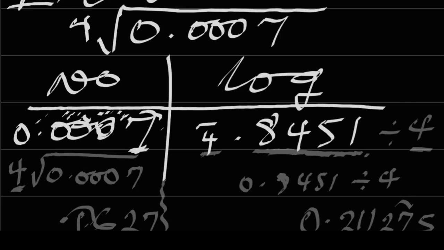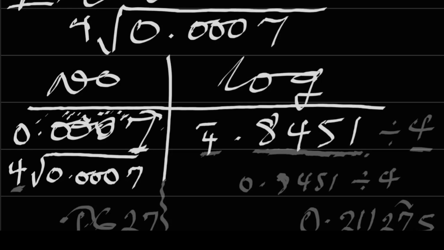So now the roots. The 4th root of 0.0007. What do we do with roots? Whenever you have root, please you divide. Example 1 is power. Whenever we have power, we multiply.